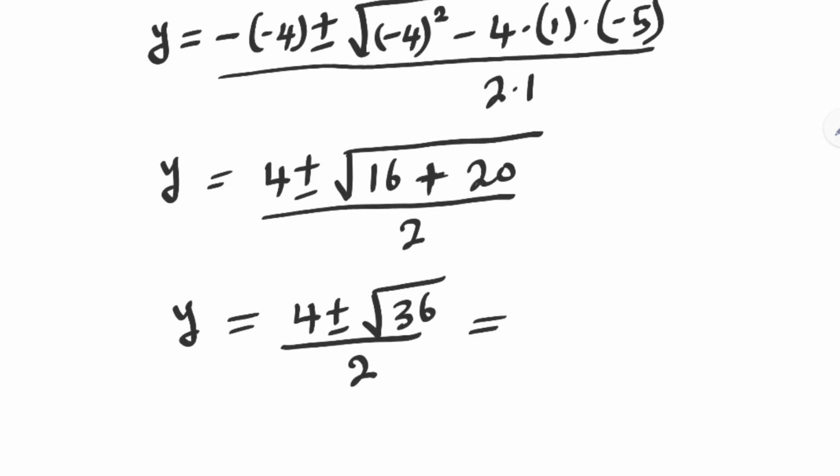This is the same thing as 4 plus or minus square root of 36, that is 6, over 2.